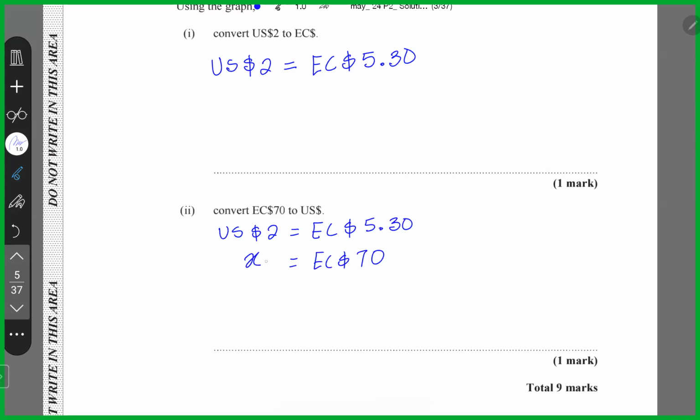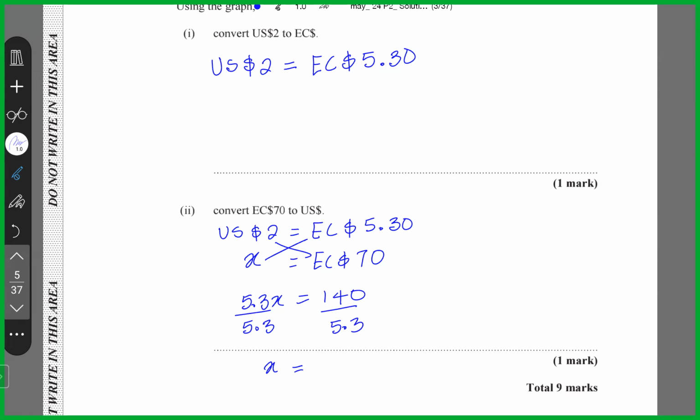And then I'm going to cross multiply. 5.3X is equal to 2 times 70, 140. Divide both sides by 5.3, and we get X is equal to 140 divided by 5.3.